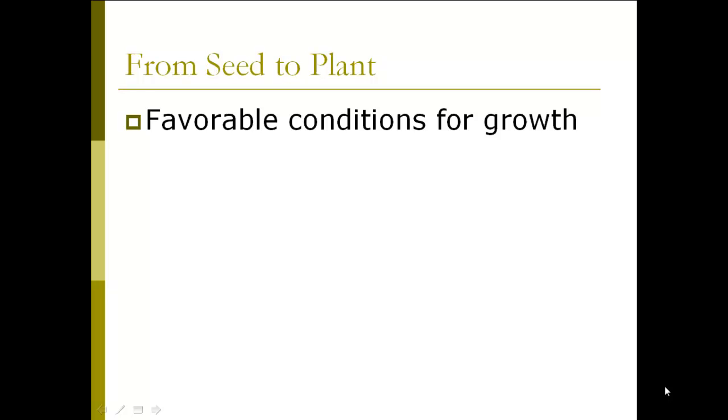If conditions are not favorable, seeds can become dormant or inactive. Some seeds can be dormant for long periods of drought, freezing temperatures, etc. It often takes something extreme to break the dormancy, like a cold winter or a forest fire.